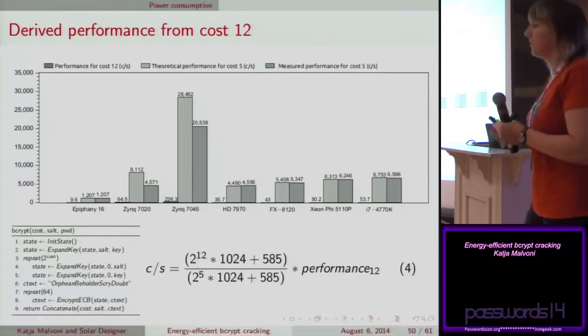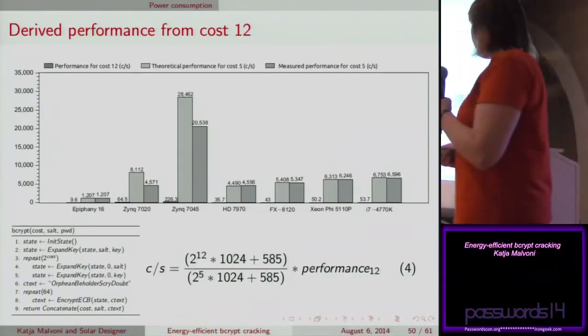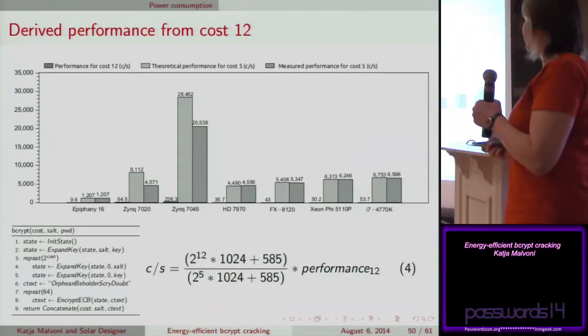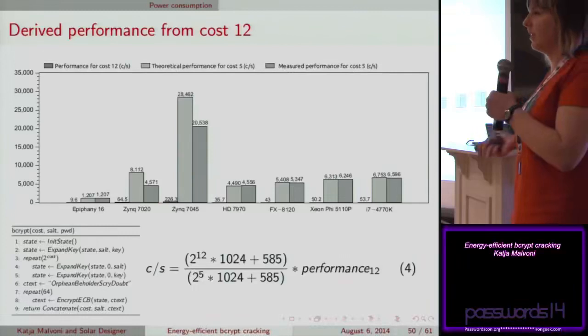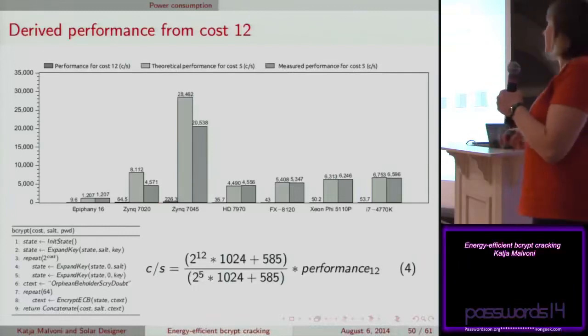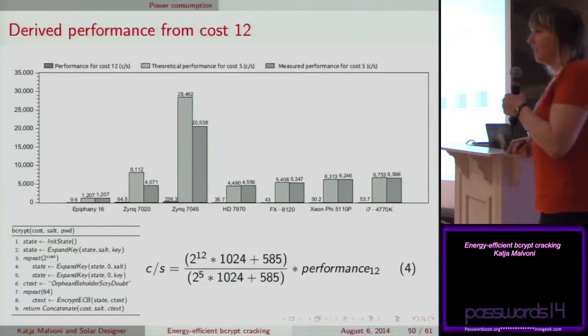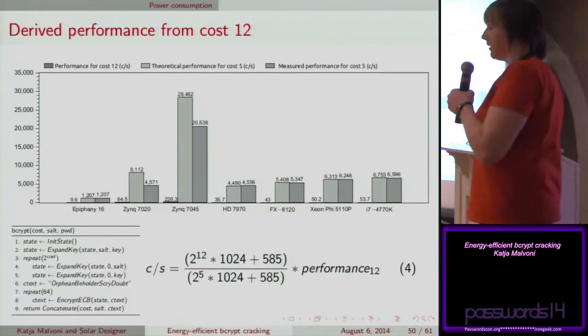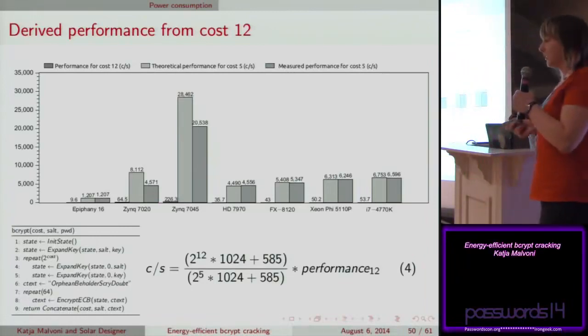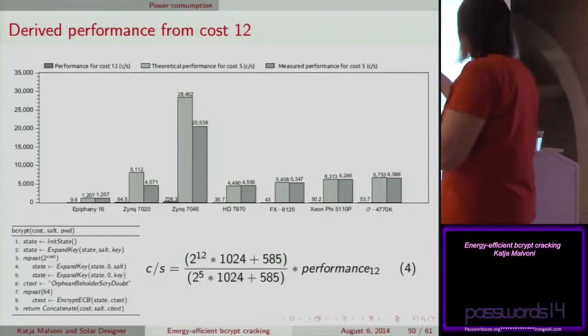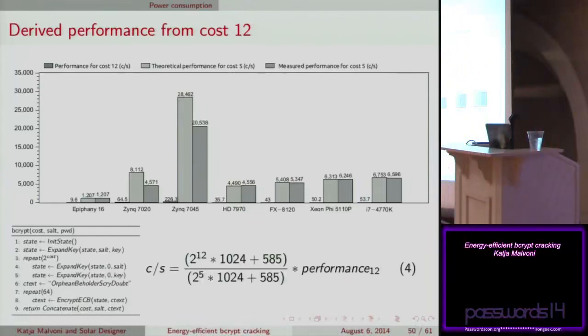Earlier I mentioned a couple of times that there is a significant communication overhead on FPGA implementations. To see how platforms compare to each other when there is no communication overhead, we did this. This formula counts the number of Blowfish encryptions.